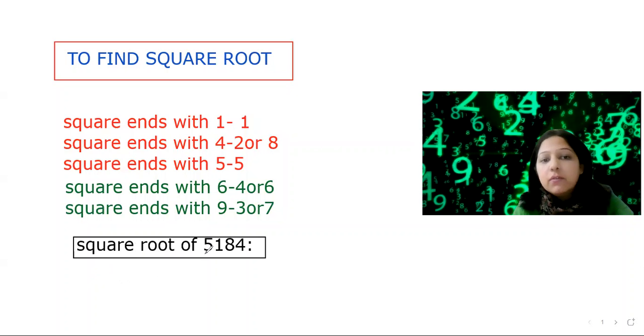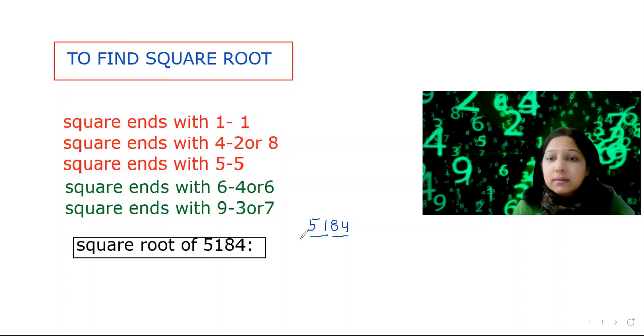First case, when we have to find the square root of 5184. The first step is we will arrange the number in pairs, starting from right. Now you can see here, we have got two pairs. Now we will pick the first pair. The first pair here is 51.